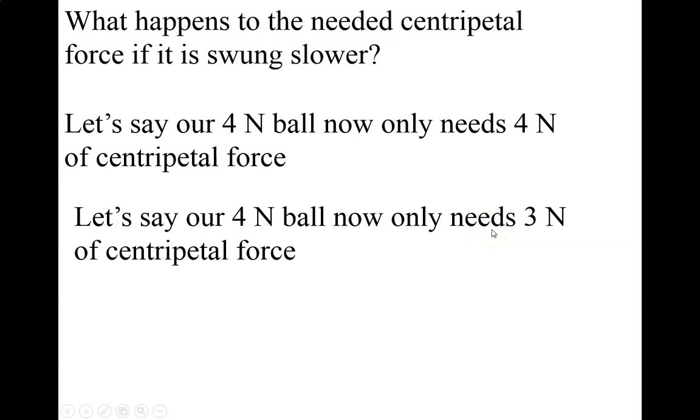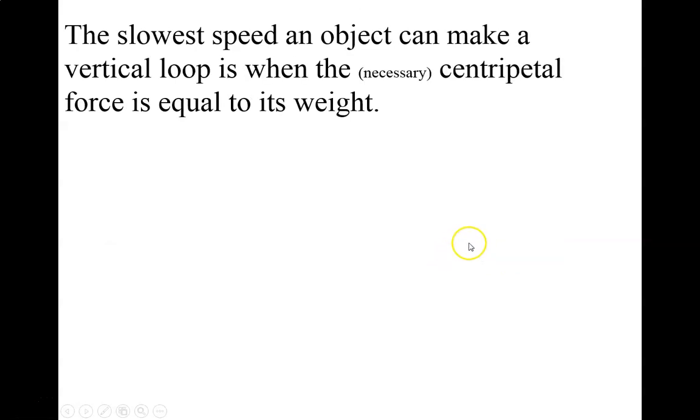Well, at this point, I'm going to have more centripetal downward force in my 4 newtons than I need to make it around the circle because I'm going so slow. I'm not going to travel around that circle. I'm going to fall inward, so the string will go slack, and the ball will come towards my hand some. The slowest speed that an object can make a vertical loop is when the centripetal force is equal to its weight.